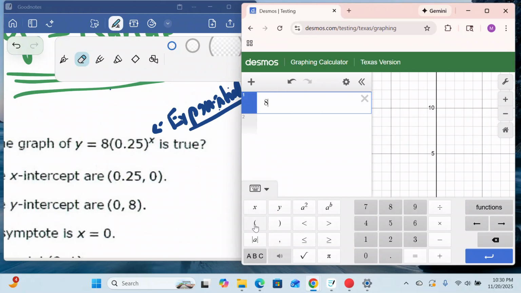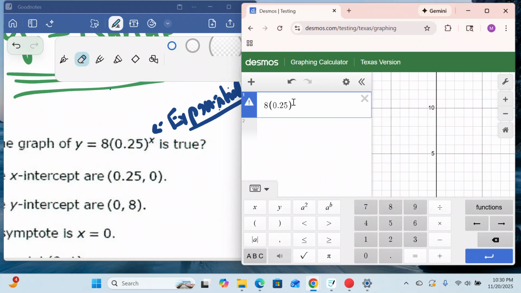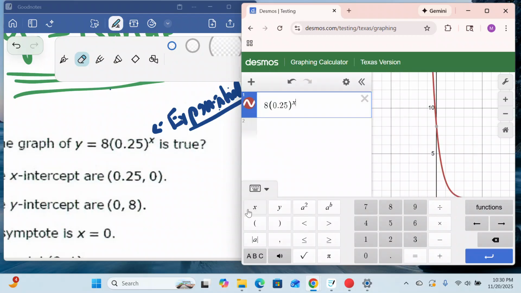We're going to put 8, open parentheses, 0.25, close parentheses. And how do I get my little x to the top? All I do is go to the a to the b right here. I click on it, and it raises my power to the x. And sometimes I got to push it correctly, and there it is.